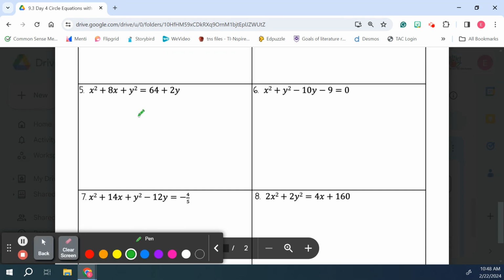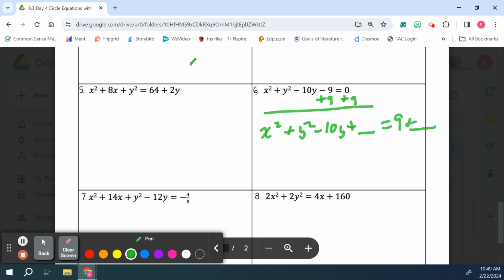All right, let's take a look at 6. So again, I have everything I need pretty much over here except this, and I'm going to add the 9 to each side. This leaves me with x squared, which there's nothing else to add with, plus y squared minus 10y plus something equals 9 plus that something, okay?